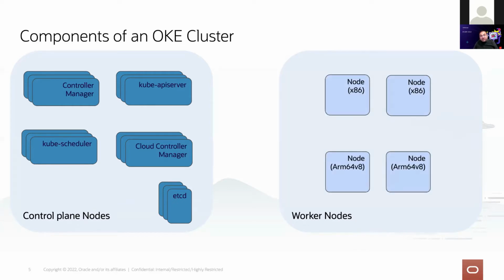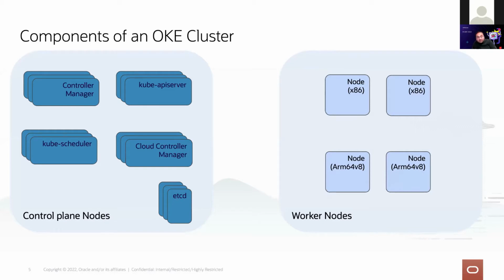On the worker nodes side, we basically have the worker nodes that OCI offers, right? And now these could be, in my picture here, we have a couple of x86 nodes, a couple of ARM-based nodes, right? But these nodes could be just about anything. They could be AMD, they could be Intel, they could be Ampere A1, the ARM-based chips that we carry.